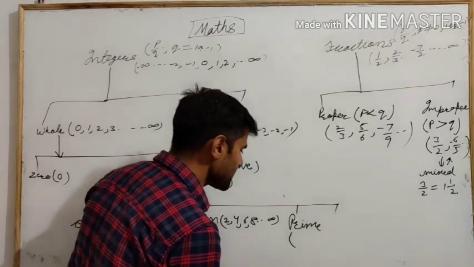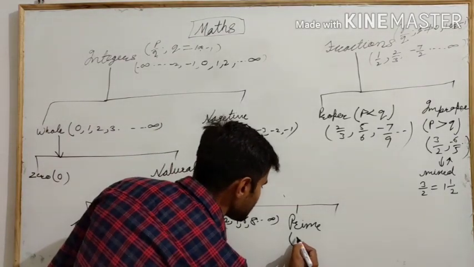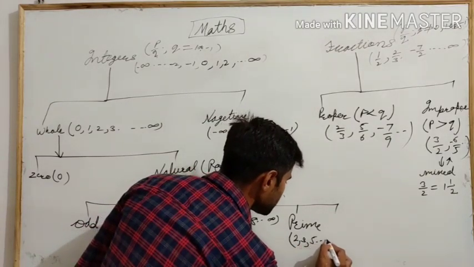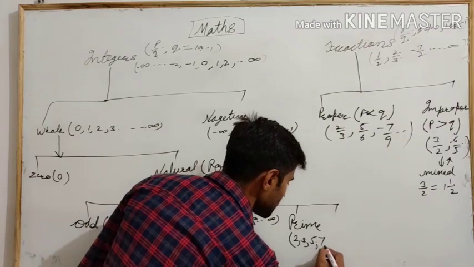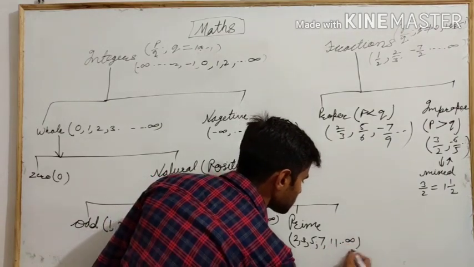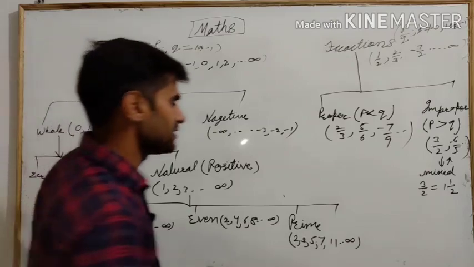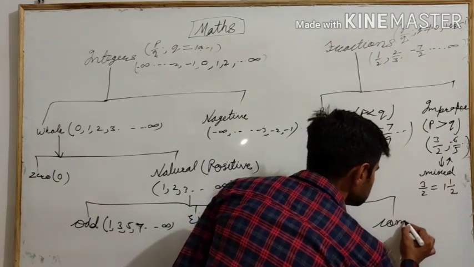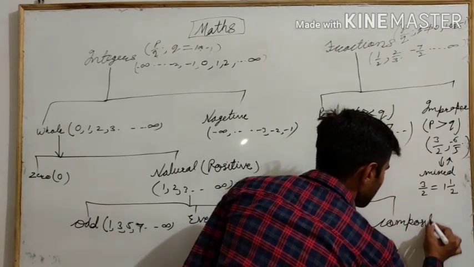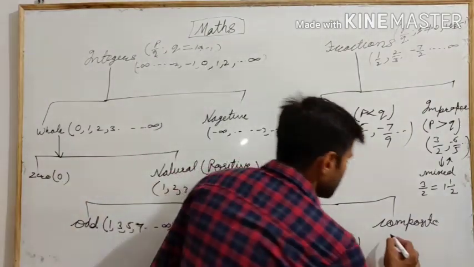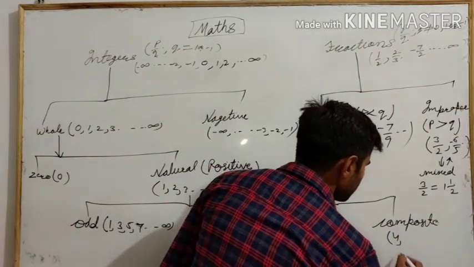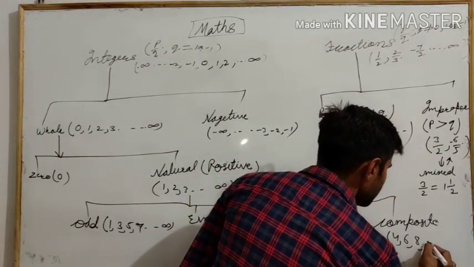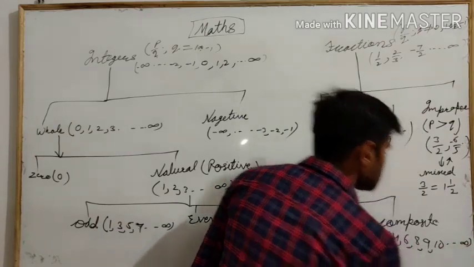It means a prime number has only two factors, 1 and itself, and the first prime number is 2, then 3, 5, 7, 11 up to infinity, and the last part of this is composite numbers. Composite numbers start from 4, then 6, 8, 9, 10 to infinity.